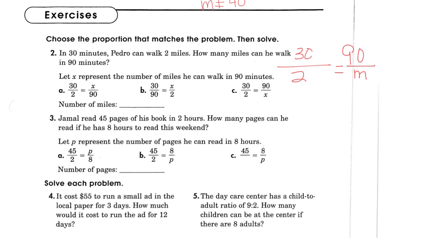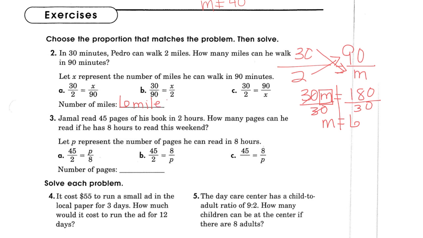All right, so now when I cross multiply, I have the equation of 30M equals 180. I box in my variable, I draw my line. I know since it's being multiplied, I have to divide by 30, and I get M equals 6. So the number of miles is 6 miles.